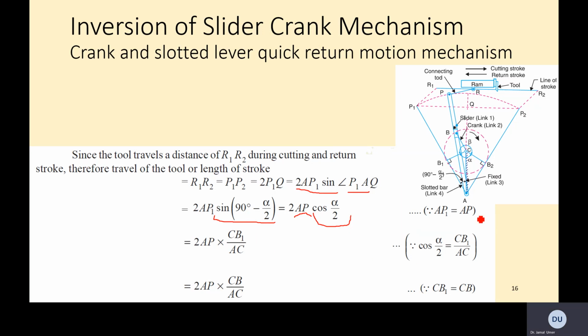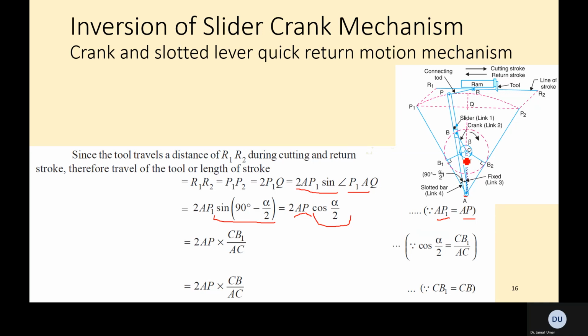One more thing: AP1 is written as AP, because AP1 and AP2 are the same thing, as P is the point where the length is. So you can write it as AP, and now cos alpha by 2.